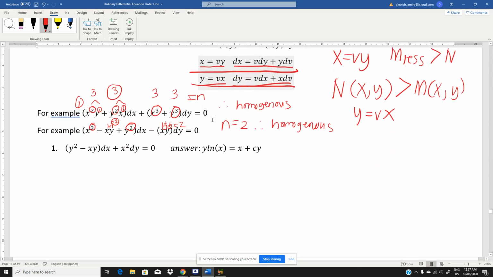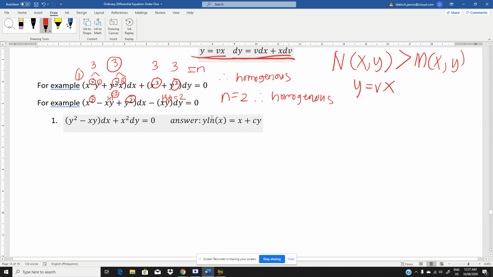Then, let's try example number 1. We are given (y squared minus xy) dx plus x squared dy = 0. As you can see, it is homogeneous because the first term has a degree 2, the second term has a degree 2 also, and this one has a degree of 2.